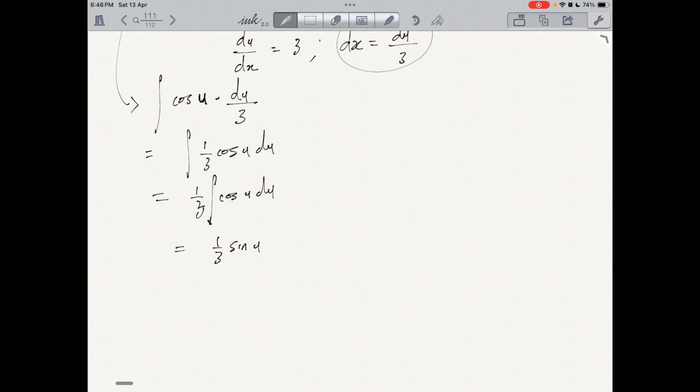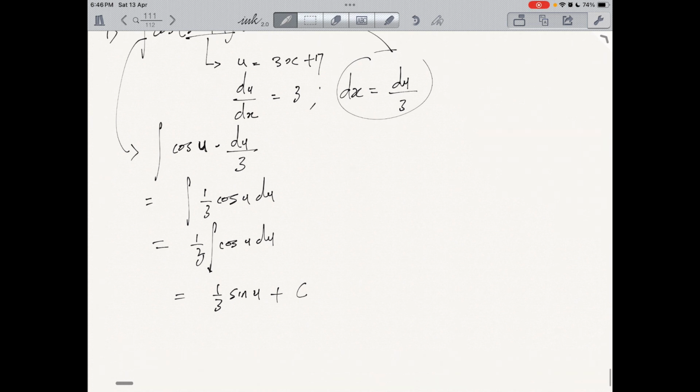Since this is an indefinite integral, we'll have plus c. With this done, we now substitute back our u. Our u is 3x + 7. Then we substitute it back and we have 1/3 sin(3x + 7) + c.